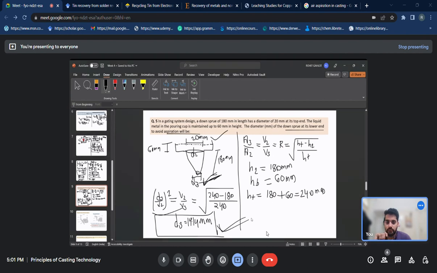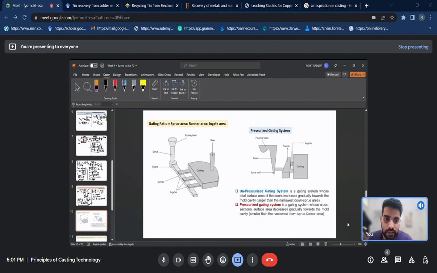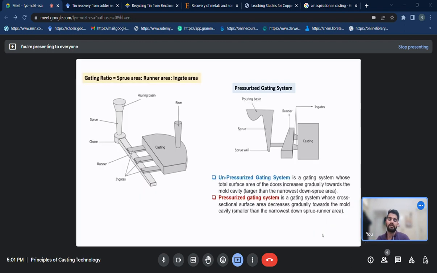Okay, then let's move to the problems of the gating ratios. The gating ratio is a term used to classify the gating system. Generally, gating systems are pressurized or unpressurized, and both have their advantages and disadvantages depending upon the particular type of material which needs to be poured.